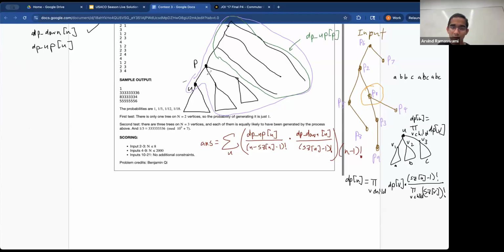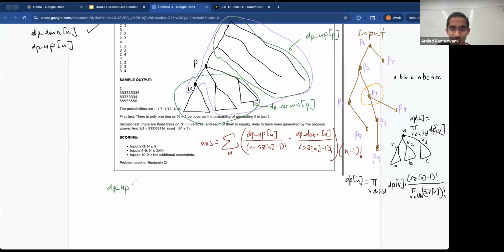So we can look at dp down of p, but we also need to ignore this subtree, and we only care about these subtrees. Also, when calculating dp down, you had to multiply by size factorial, so we're going to divide that out first. This is going to be slightly involved.